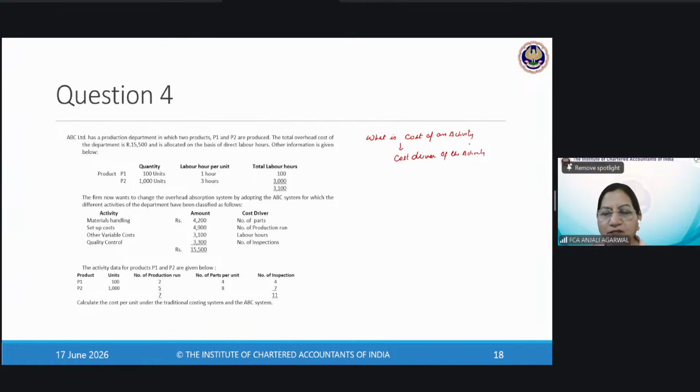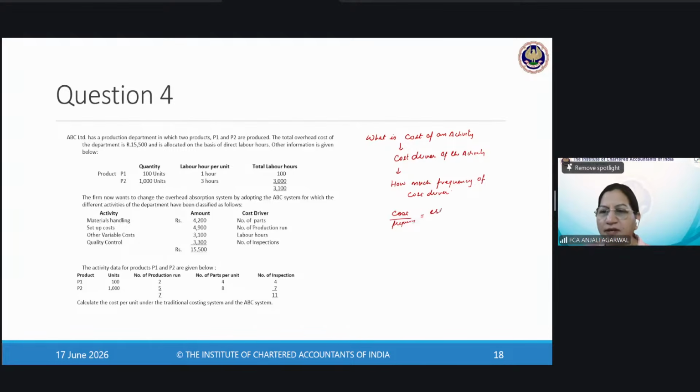So once you find out that this is the cost driver, then you figure out how many times was the cost driver used, how much was the frequency, or what is the number of times the cost driver was used in that period when this cost was incurred. And you divide the total cost of the activity by the frequency of the cost driver used.